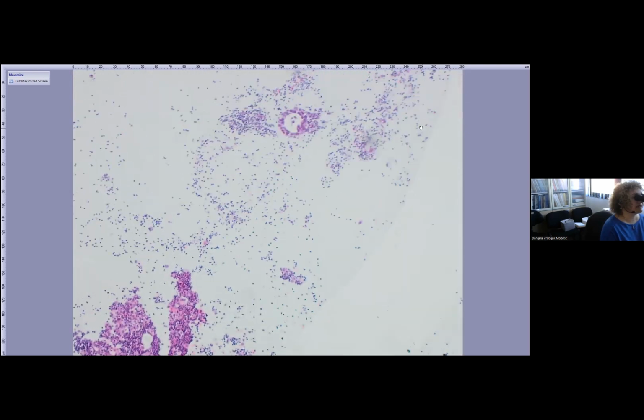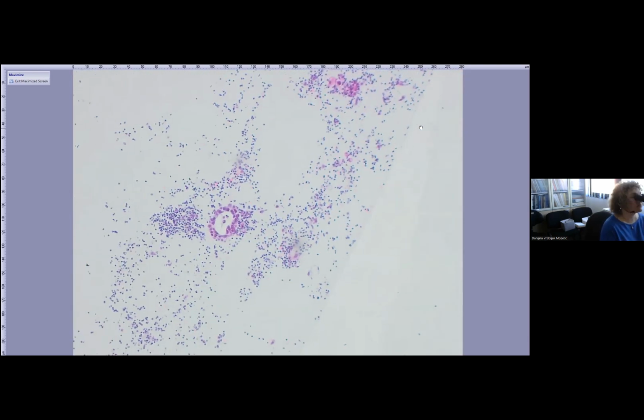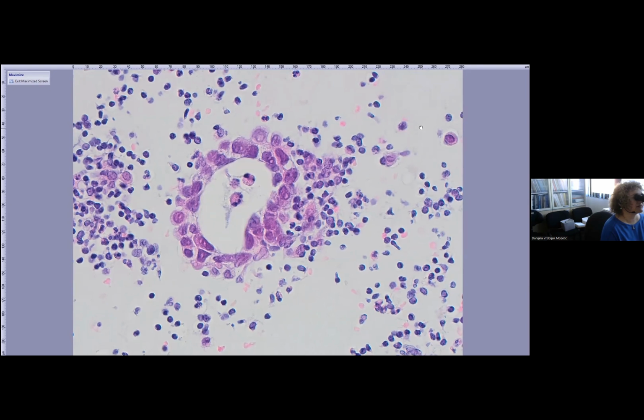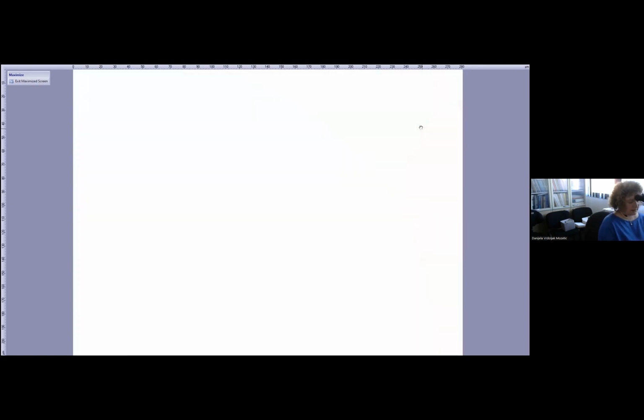It was not as cellular as we should expect looking at the sediments, but I think enough for our purpose, for the differential diagnosis. So we have our target cells here. So we did a PAX8.